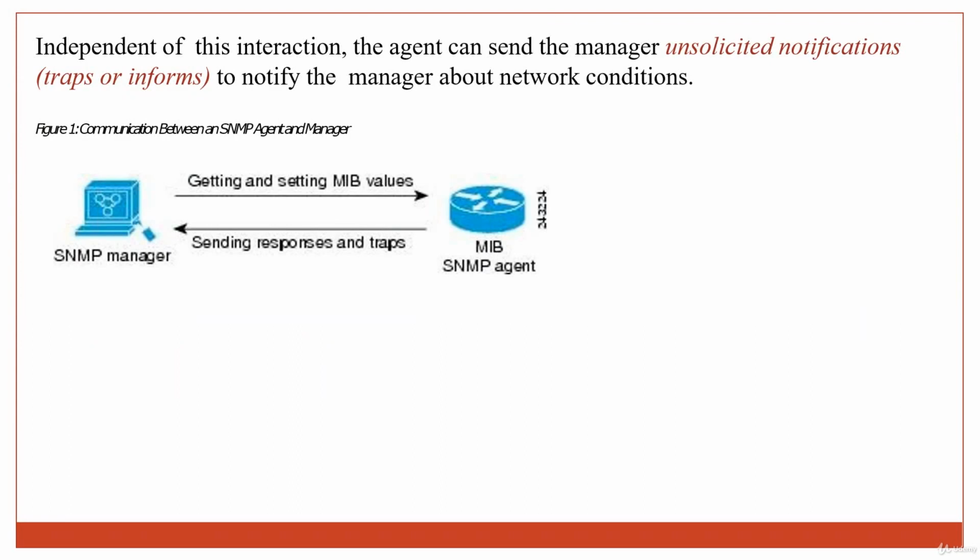Now again, for the communication channel, we have versions of SNMP. For example, the community based versions, SNMP version 1 and SNMP version 2C, and then we have authentication or user based SNMP methodology as well, that is SNMP version 3.